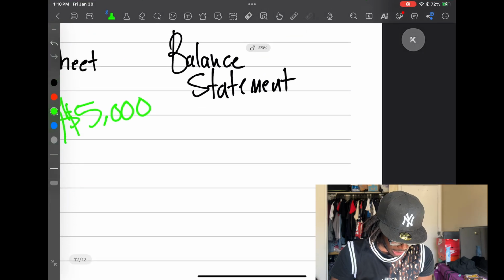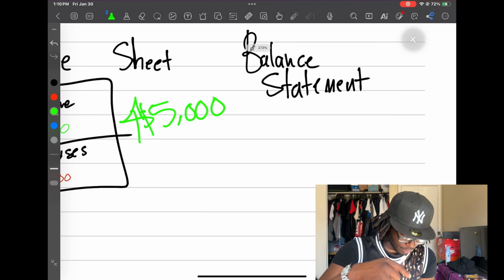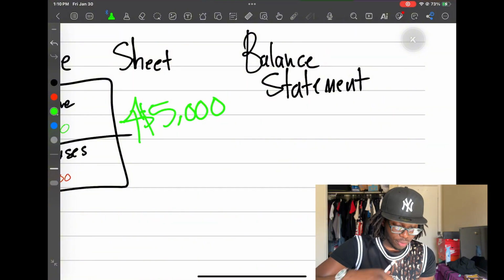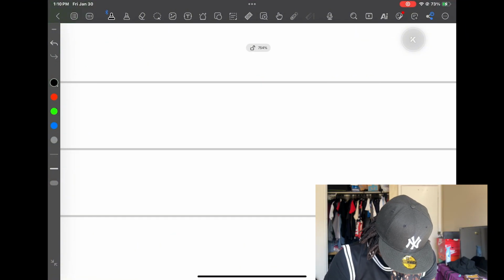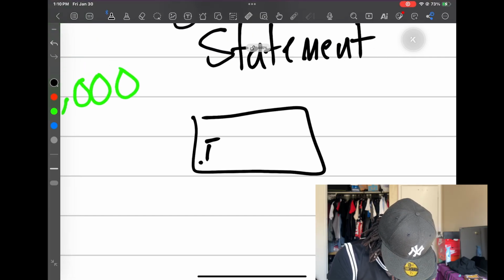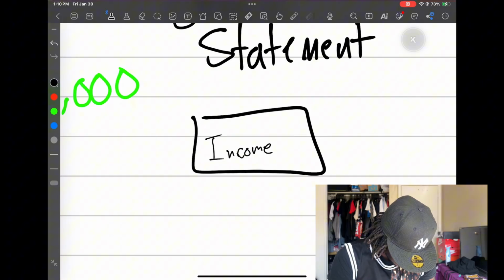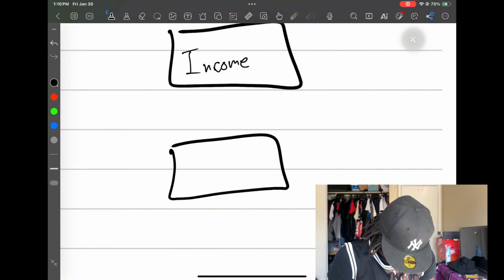Now the balance statement is like the income sheet, but a lot more in depth and dynamic. You feel me? So now let's say you have this box. That box is income. And then you have another box, which is expenses.